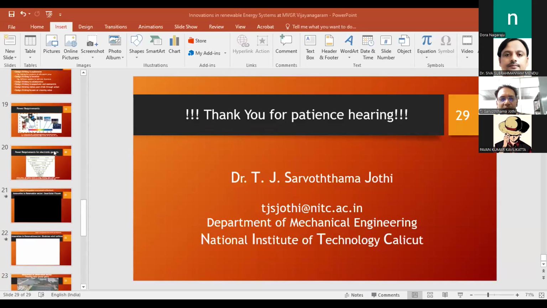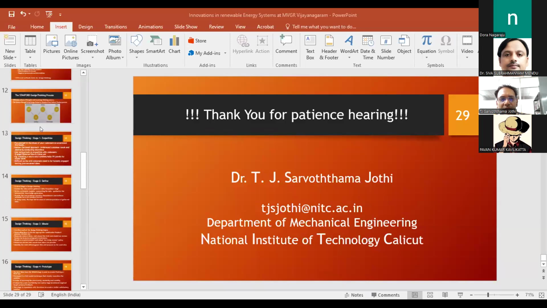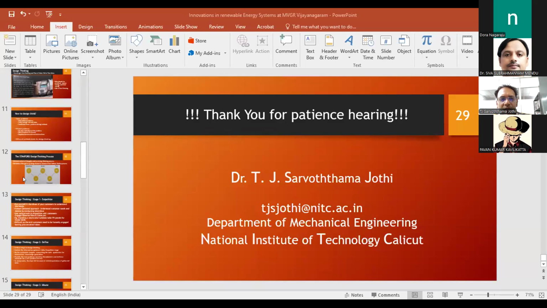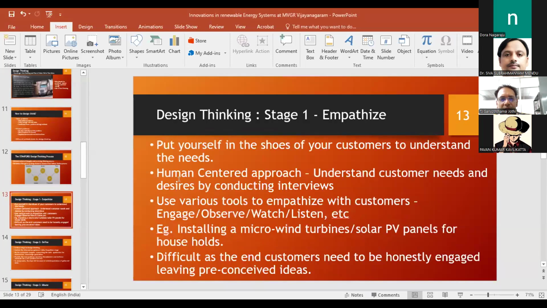Particularly in the green energy or renewable energy sector, the scenario is very clear because there is a standard energy demand, population growth, globalization, and many other reasons. So my question is, what are the suitable empathization methods to collect data so that we are able to formulate a solid problem statement?